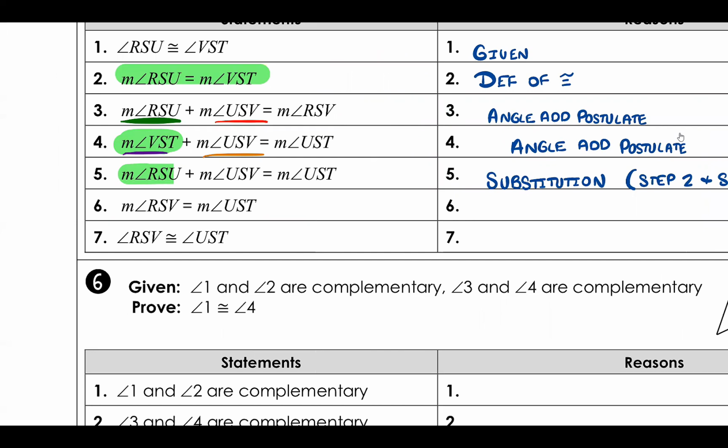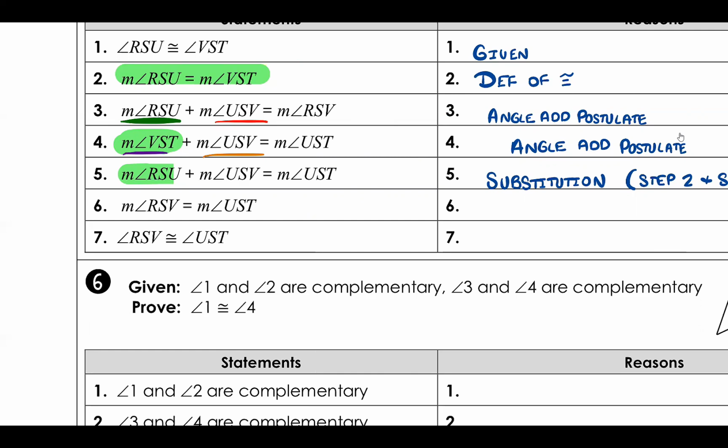RSV equals UST. What is that? Did they drop one? Who did they drop? So where did they get RSV from? I like that we're getting after it now.